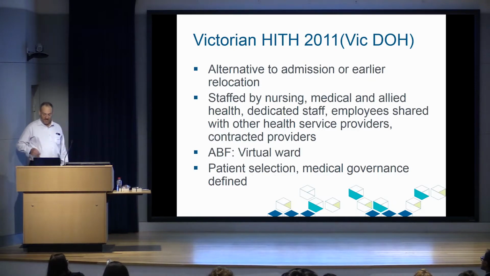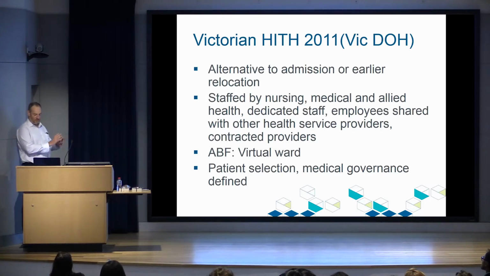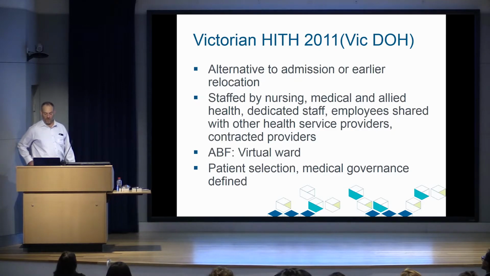Victorian HIT guidelines, there's been a number of things published since this, but as far as I know, this is the last formal guideline that's been published. So HIT is described as an alternative to admission or providing earlier relocation of the patient, staffed by dedicated staff.